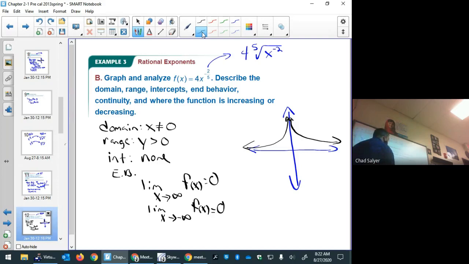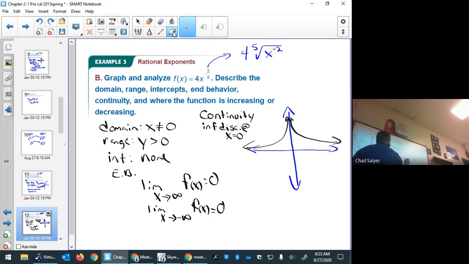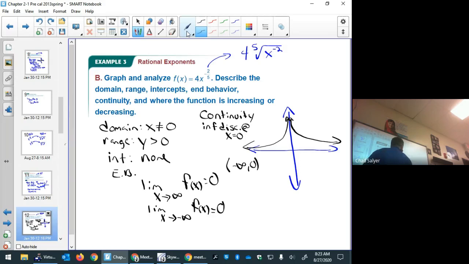Continuity: it is discontinuous. It has an infinite discontinuity at x equals 0. And intervals of behavior, there are 2. Negative infinity to 0, on which it is increasing, and 0 to infinity, on which it is decreasing.